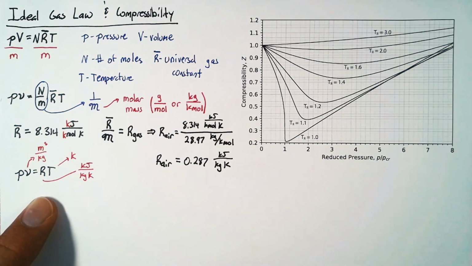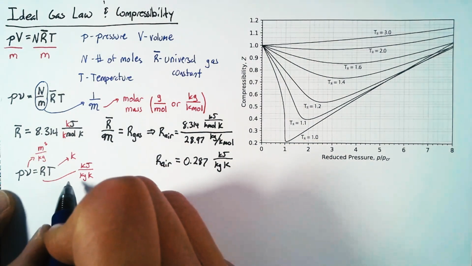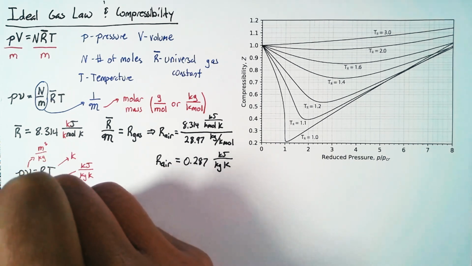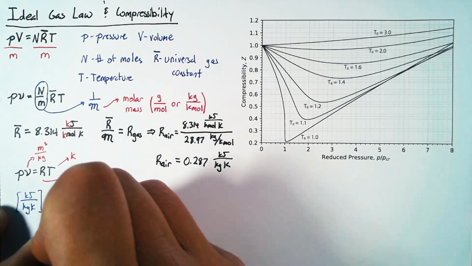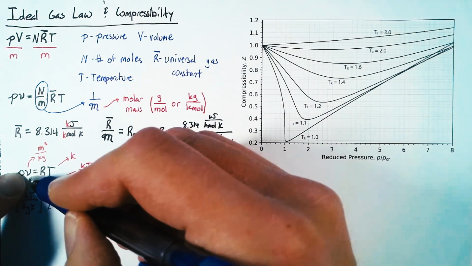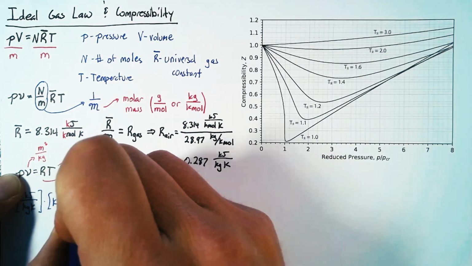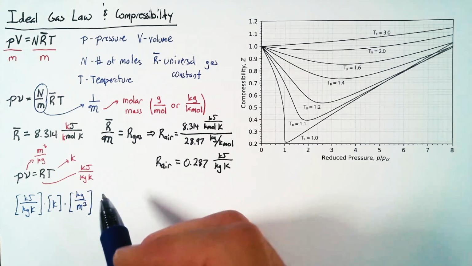So if we solve for our pressure, just in the unit sense, we can figure out what the units of pressure need to be in this equation. We take our right-hand side, which has the kilojoules per kilogram Kelvin, multiplied by units of Kelvin, and then divided by units of specific volume. So this is going to be kilograms per meters cubed.